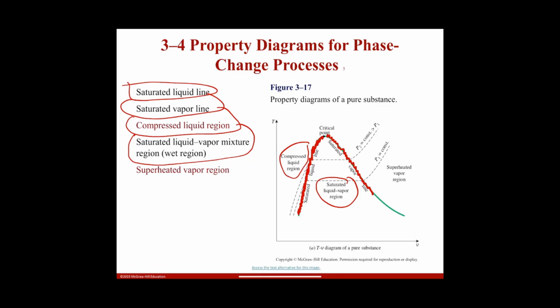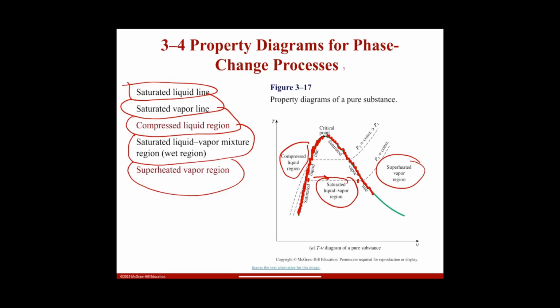I will have different amounts of liquid at this point than at this side. As you move from here to here, liquid starts disappearing and more vapor is created. And then we have the last region, the superheated vapor region, in which we have only vapor.